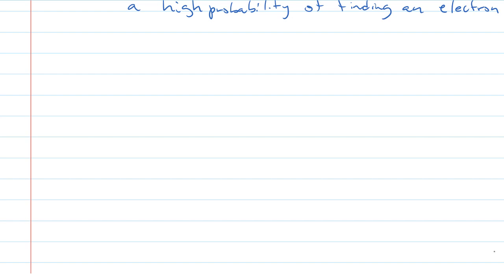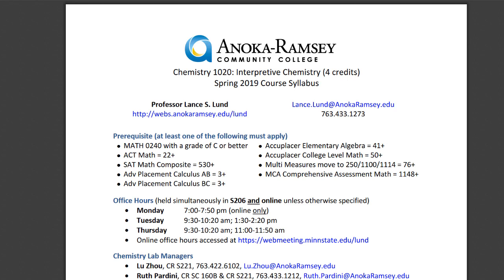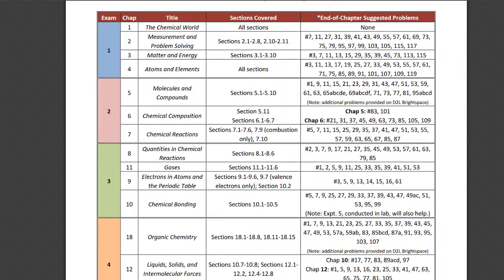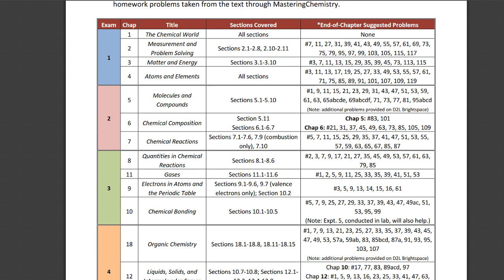Okay, now as you read through chapter 9, let's see if I can bring back the syllabus here. Looking through our syllabus, just reminding you that we aren't covering all of the sections in each chapter. So in chapter 9, we're only covering up through section 9.6. And then when we go on to 9.7, you're only going to be responsible for the valence electrons.